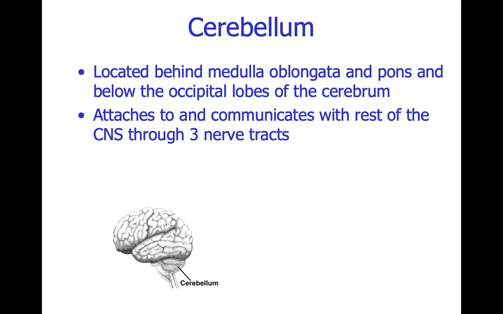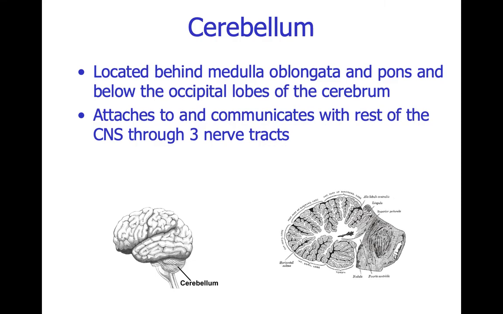So here's a diagram showing us where the cerebellum is. To the left is the anterior view. To the back is the posterior view. The cerebellum is tucked underneath the posterior view. This is the sagittal section, mid-sagittal section of the cerebellum. Now, if you tilt your head to the left, right, you're going to see what is referred to as the arbor vitae, or the tree of life.